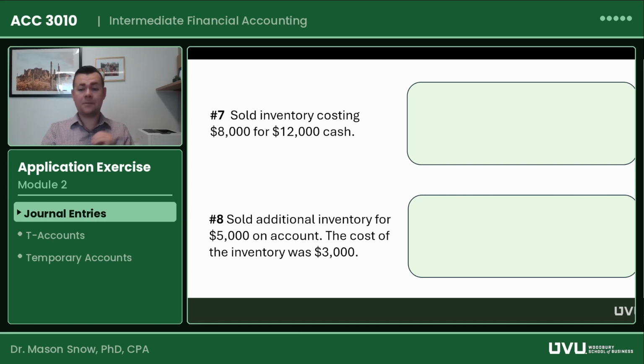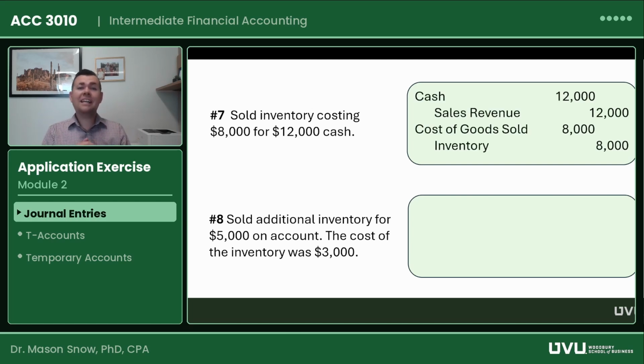It's in 2 parts. First, we're going to keep track of the sale. $12,000 of cash is coming into the business. And that full amount of consideration that we're receiving, that is our sales revenue. That revenue is an equity account that's going to be credited and increased. But then we have to keep track of that inventory.